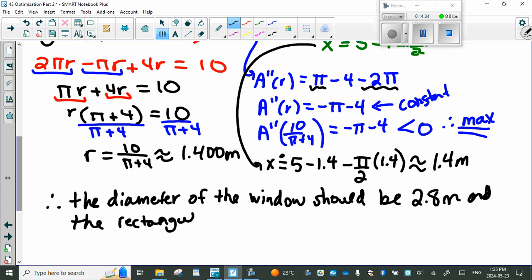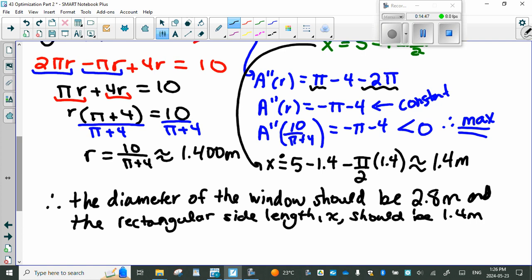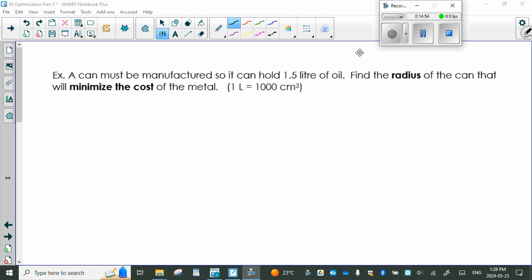I don't know really what to call it. x in our picture should be 1.4 meters. Okay, so I'm going to pause there.